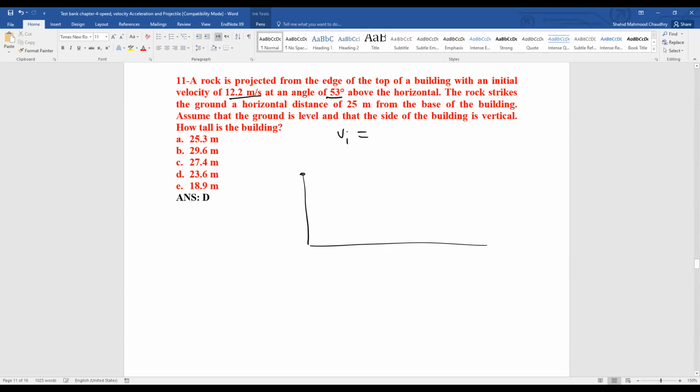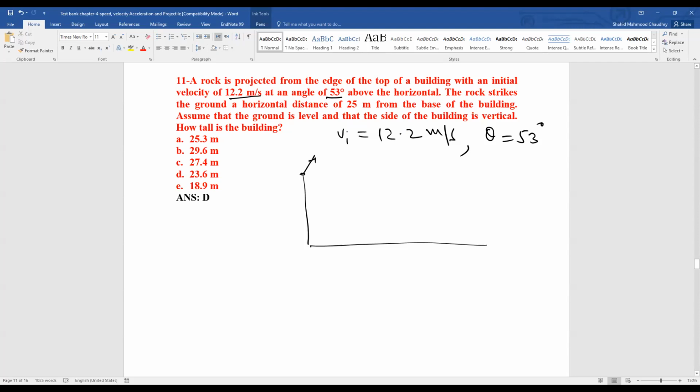Here Vi is given, not Vi of x or Vi of y. The rock strikes the ground at a horizontal distance of 25 meters from the base of the building, from here to here.